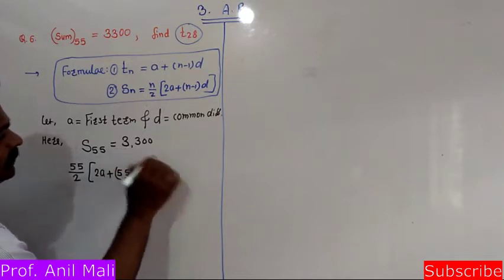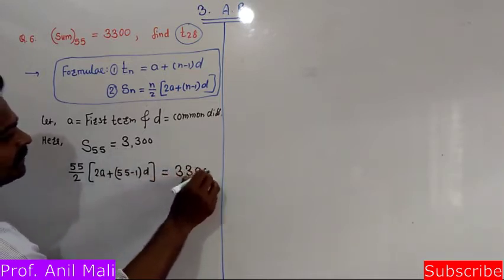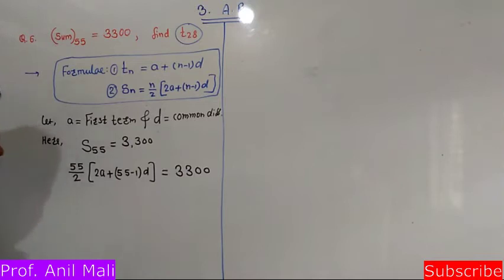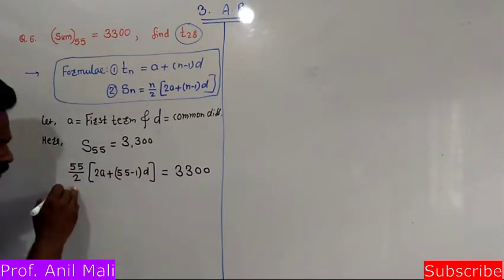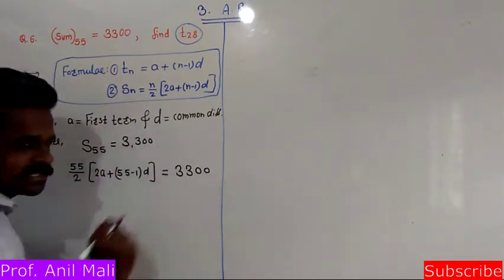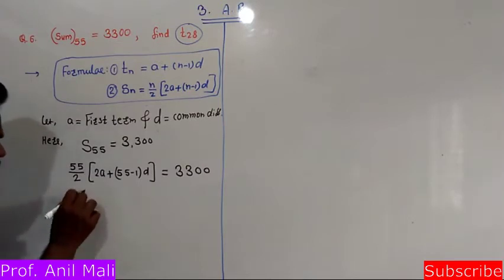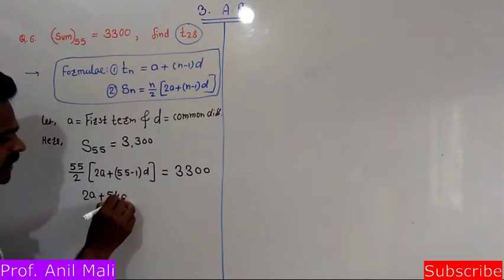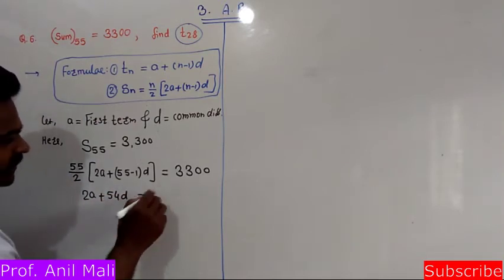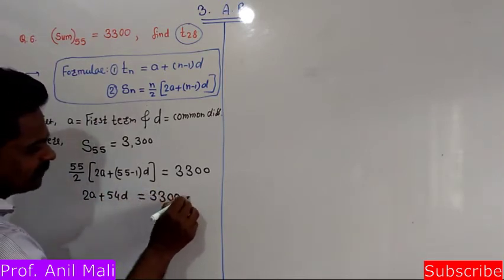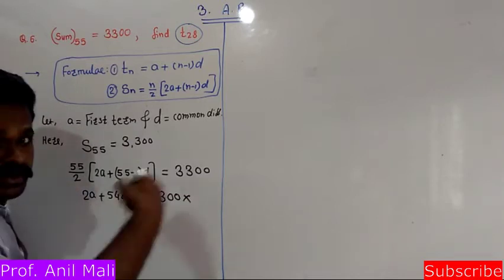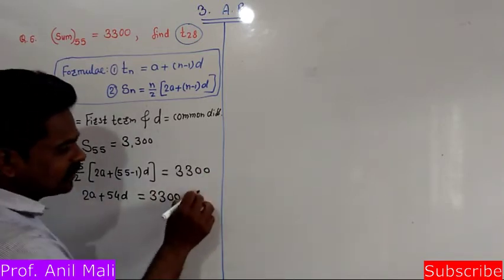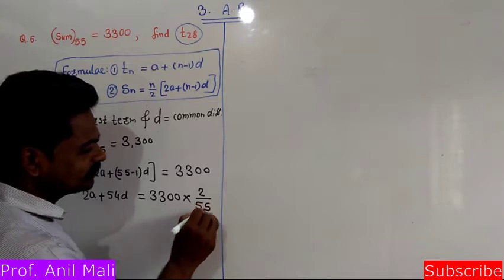It is equal to 3300. Now this 55 upon 2 we can transfer to the RHS. So 2a plus 55 minus 1 is 54 into d is equal to 3300 into 2 upon 55.